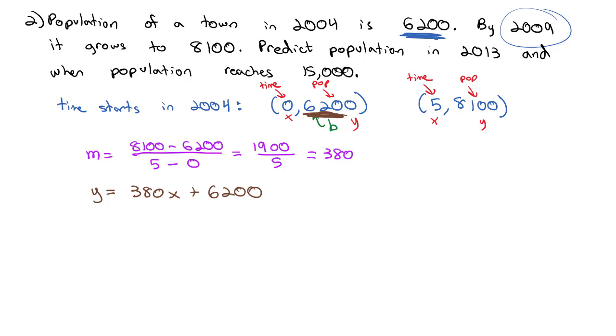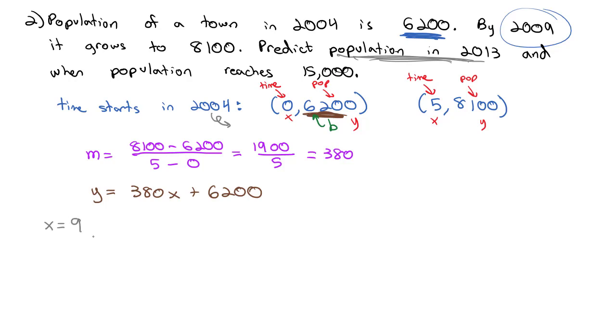All right, we're ready to actually answer the two questions the problem asked us. First, it wants us to predict the population in 2013. 2013 is a year, so that's going to go into x. But remember, we want the number of years that have gone by from 2004.